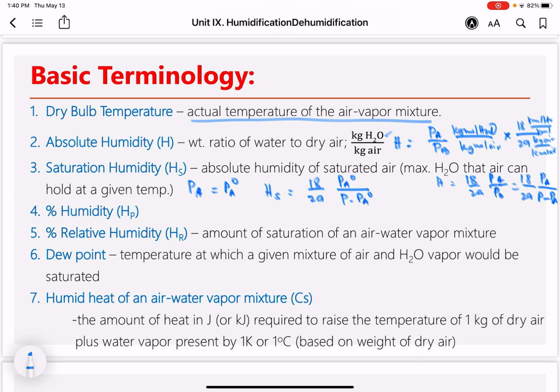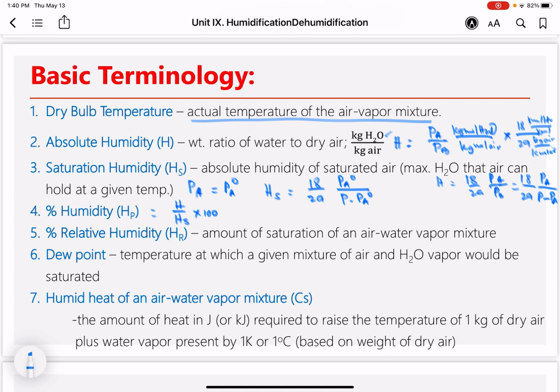Percent humidity is actually the ratio of your absolute humidity over saturation humidity times 100. So that is actually H over HS times 100. Okay, or as stated in your module, HP is PA over PA naught times 100, P minus PA naught over P minus PA.